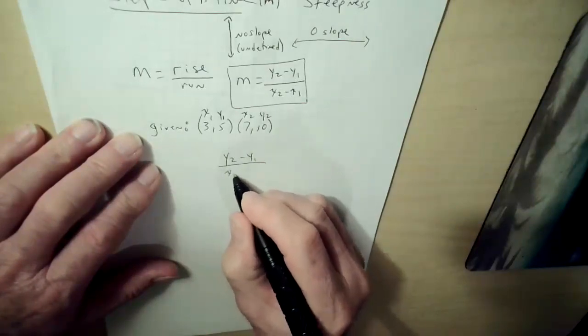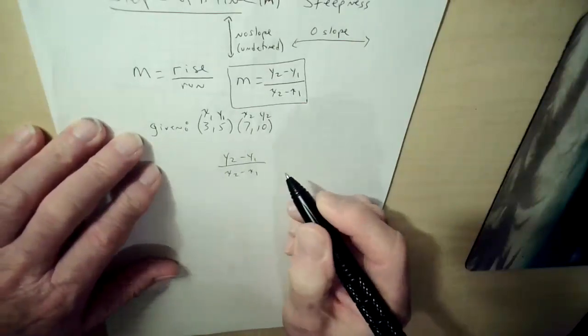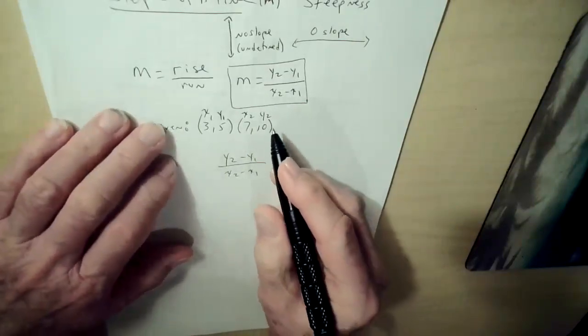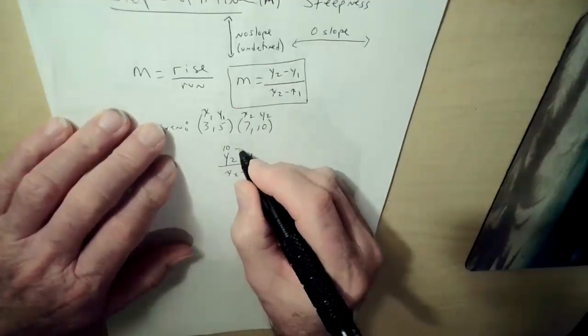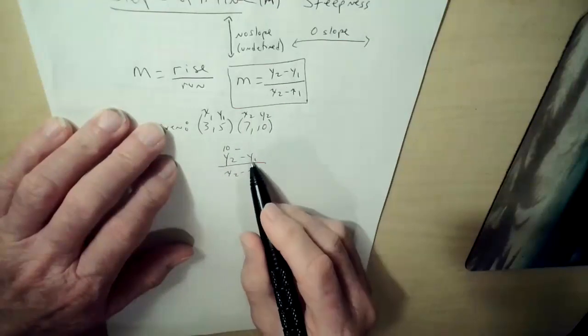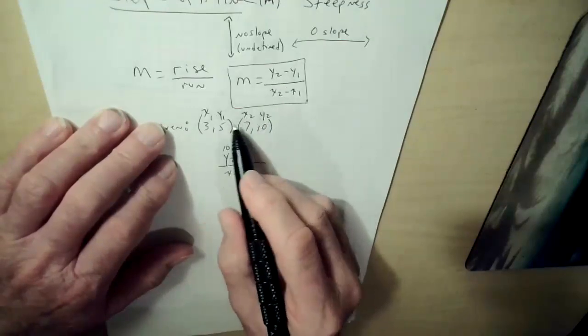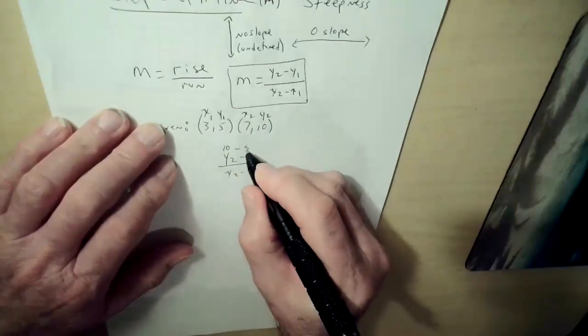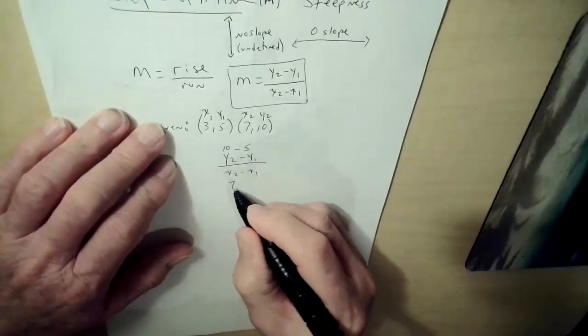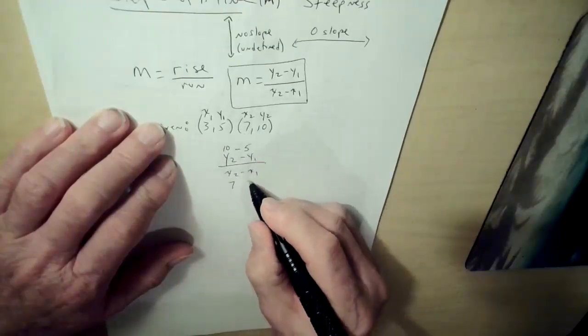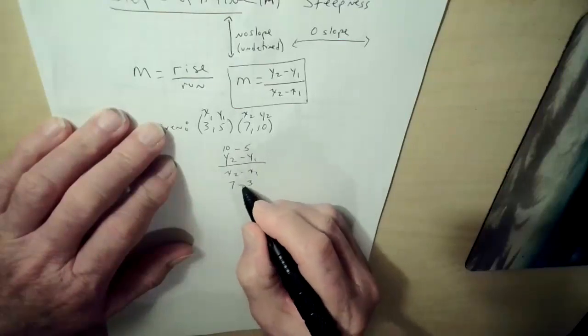Okay, so all we do is we plug in the numbers that we know. What's y2 here? y2 minus y1 over x2 minus x1. Very, very simple. y2 is 10 minus y1 is 5.